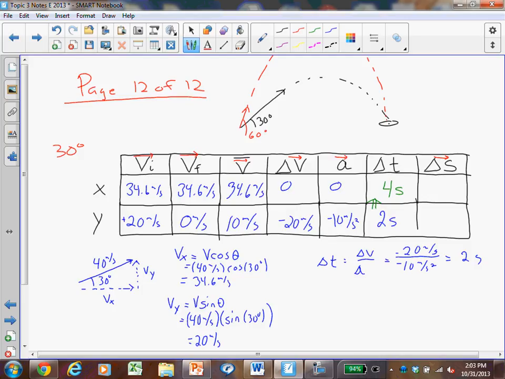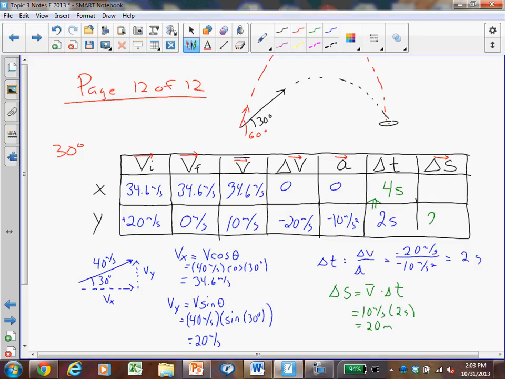This is just half of it, right? But we want the whole thing in the x. We can get delta S from V bar times delta T, where V bar is 10 meters per second, and delta T is 2 seconds, so that's 20 meters.